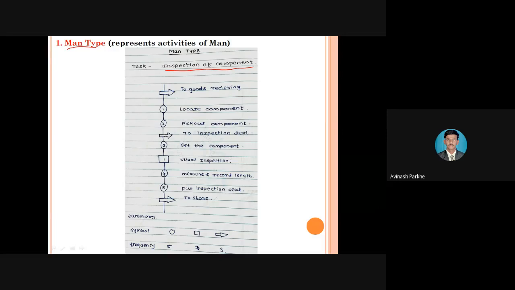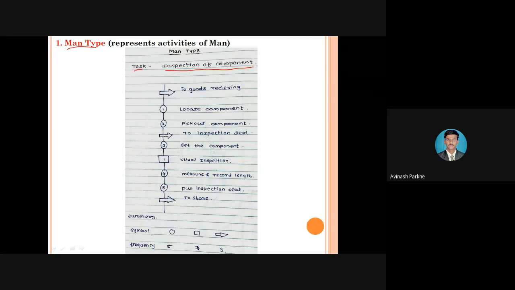If I have to check the dimension of any component, I have to take that component in one hand, and by using checking devices, maybe a vernier caliper, some gauges, some standard scales, or some other measuring equipment, the inspection of the component is carried out by the man only.